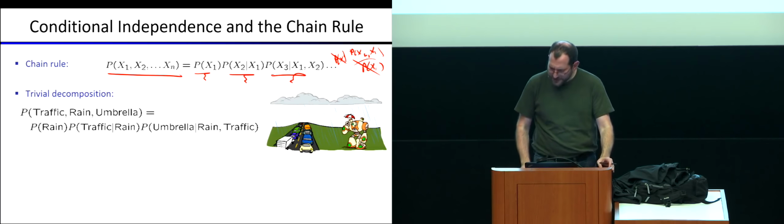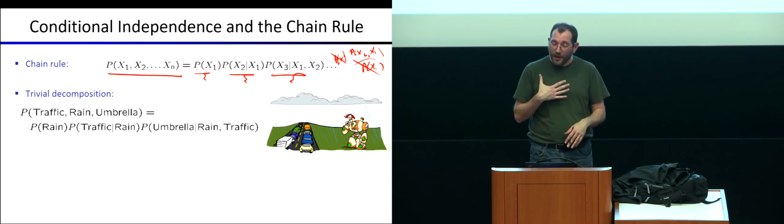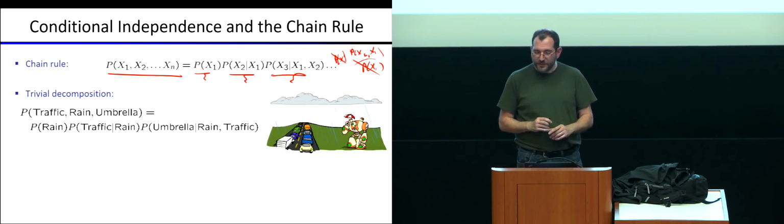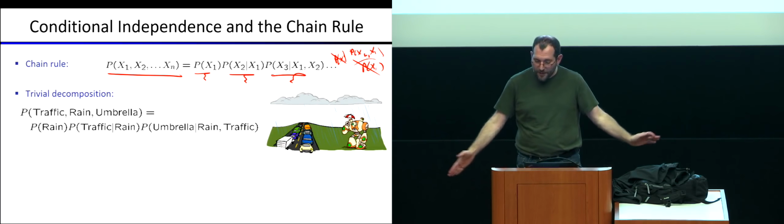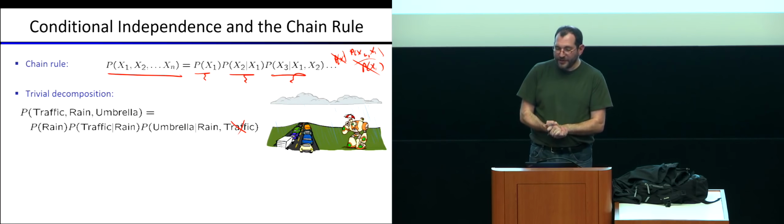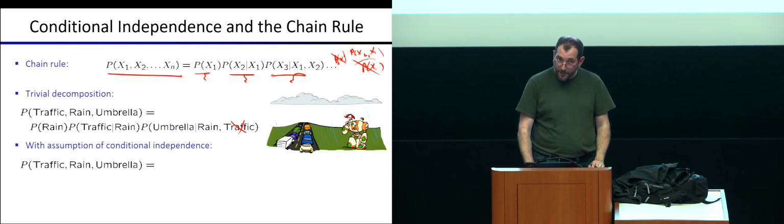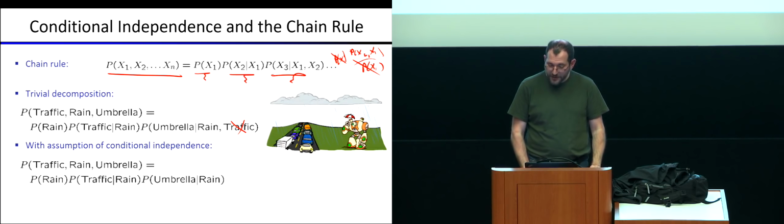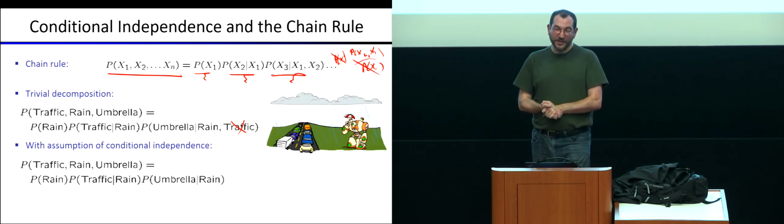But we decided that for the purposes of our model, it seemed reasonable to assume that the probability of umbrella given rain and traffic was the same as the probability of umbrella given just what? Okay, given just rain, because umbrella and traffic were conditionally independent given rain. And if we make that assumption, now that joint probability is equal to the product of these simpler conditional probabilities. And now we're starting to get somewhere.